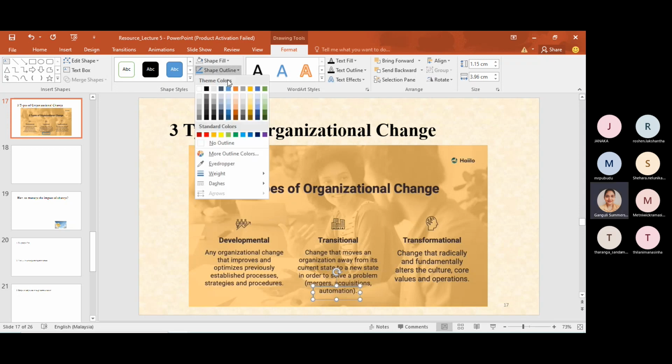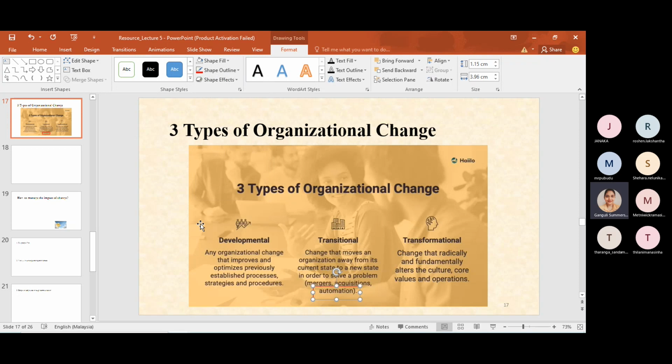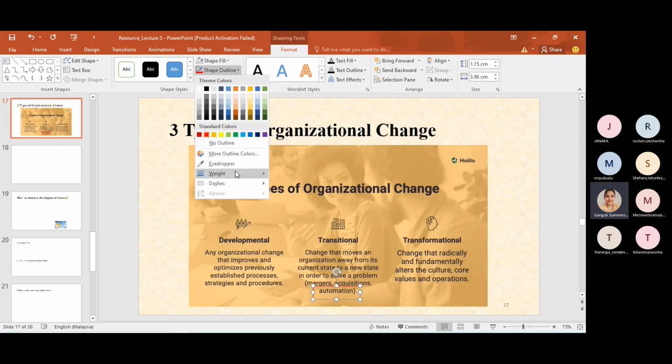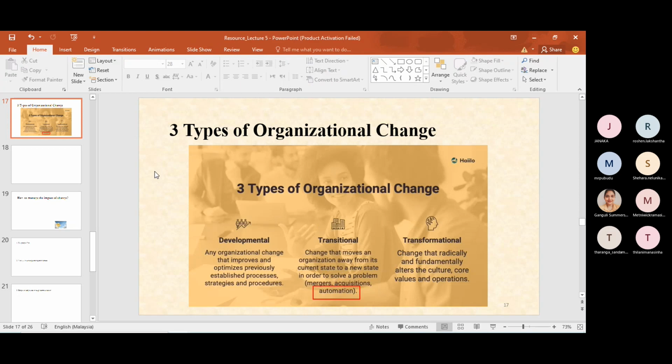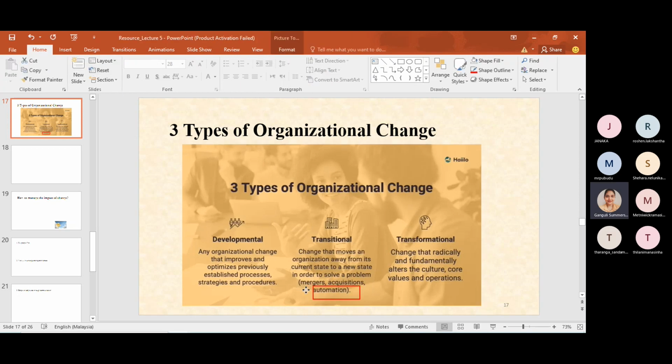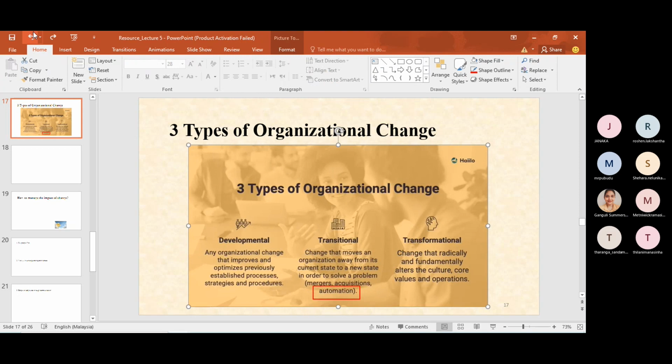If we take automation, let's assume that a certain company undergoes transitional changes by implementing automation. Now this organization is concentrating more on the implementation of machineries or equipment.